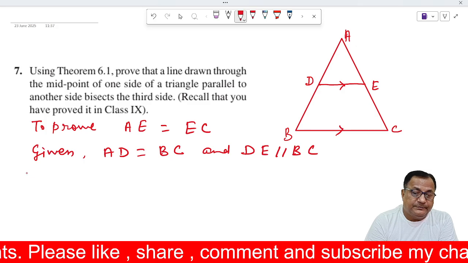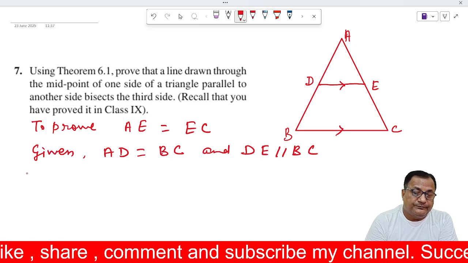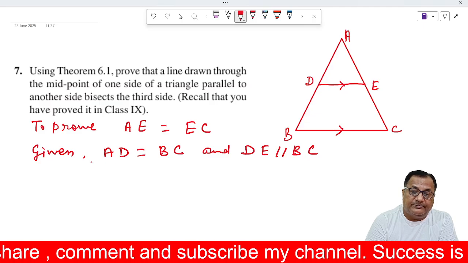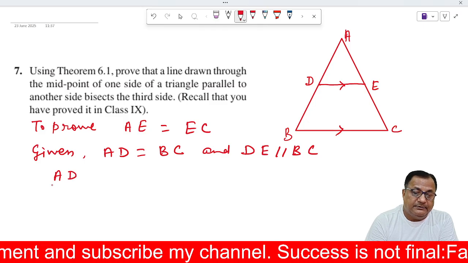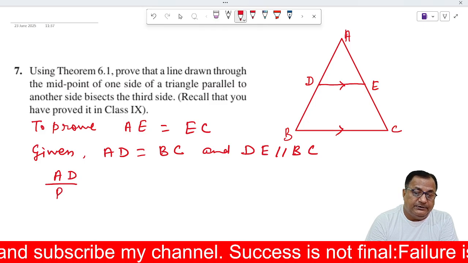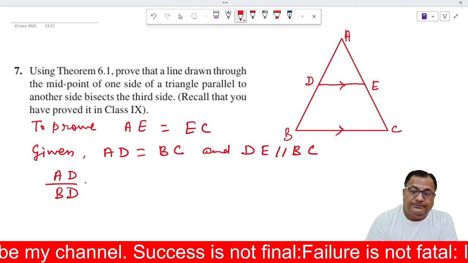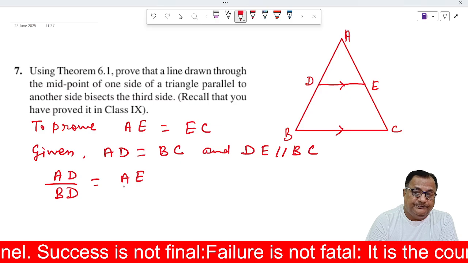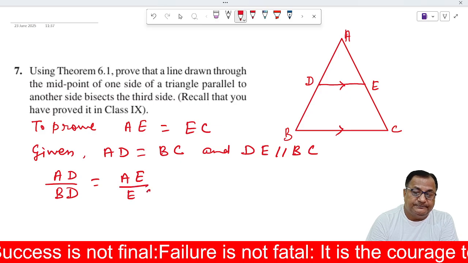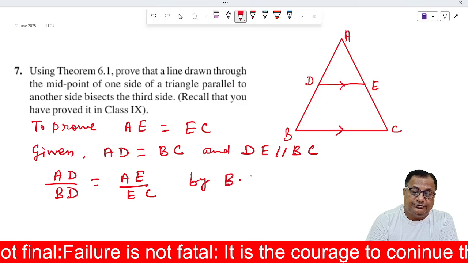So in triangle ABC, these are given, therefore AD by DB, or BD, AD by BD is equal to AE by EC by basic proportionality theorem.